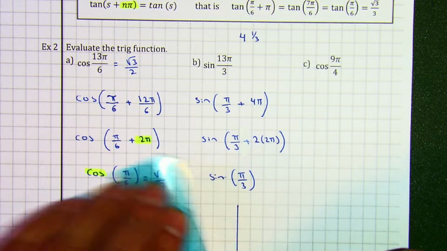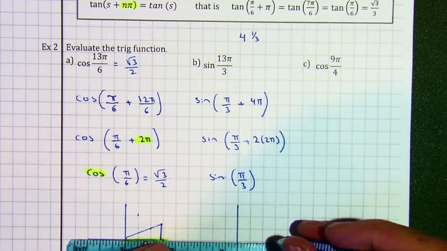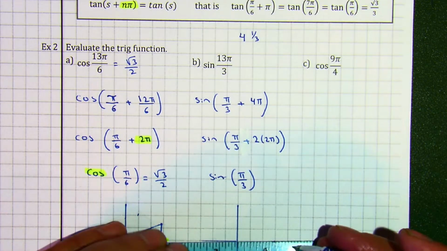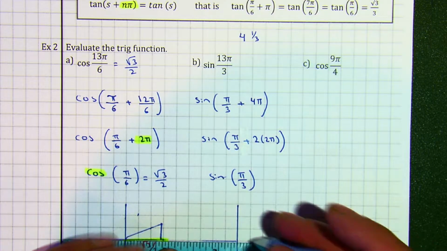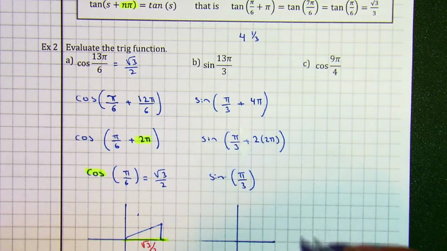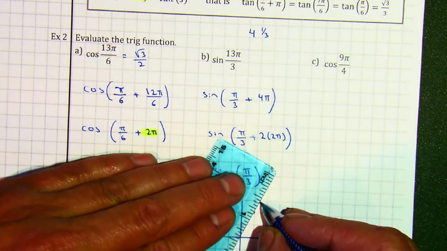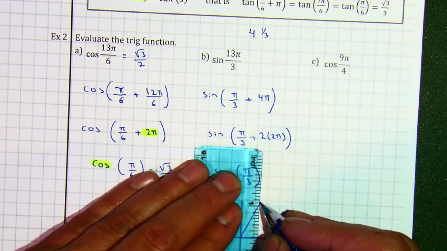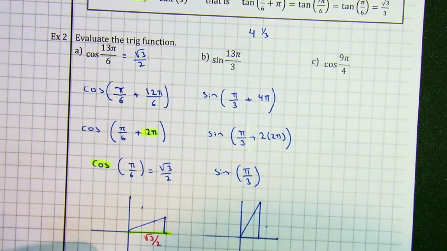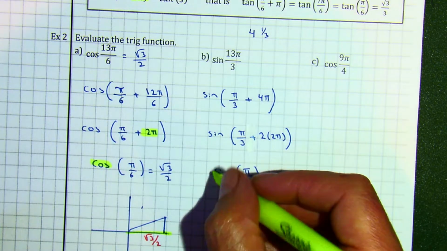I'm going to make my x and y axis. And I'm going to evaluate the sine of pi over 3. Pi over 3 is my 60 degrees, so therefore it will be 30, 60. So therefore my angle will be up here. My sine, is that my x or my y?